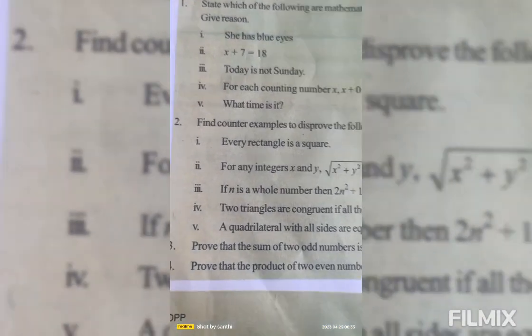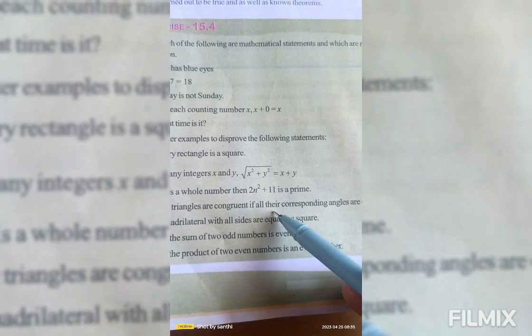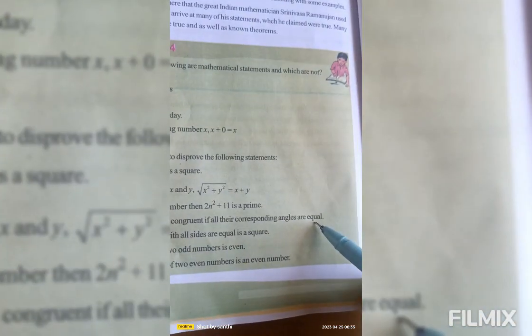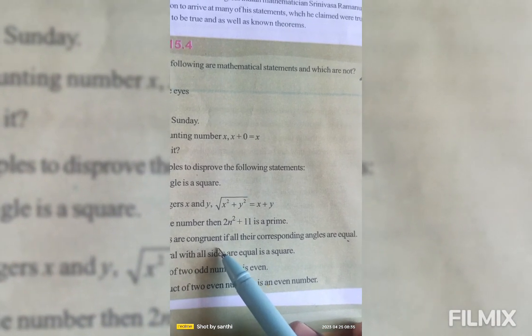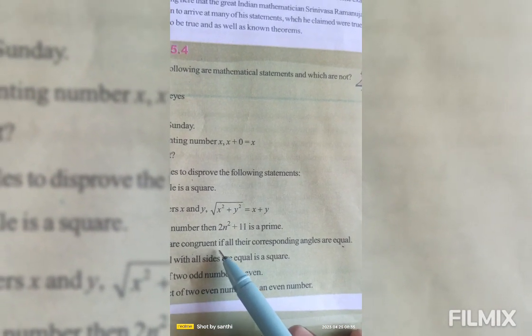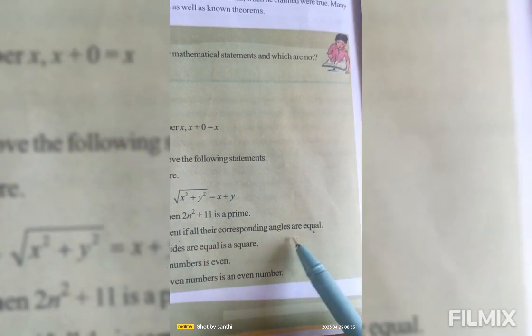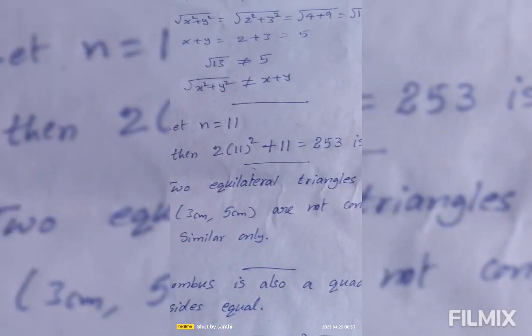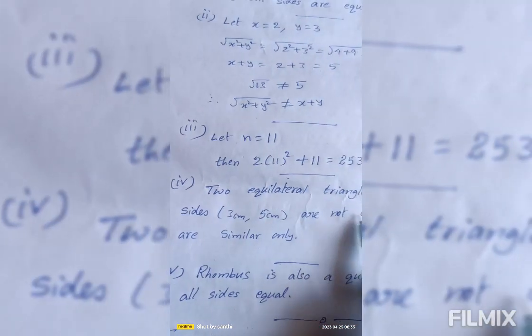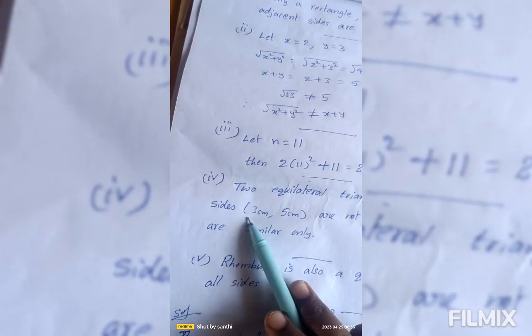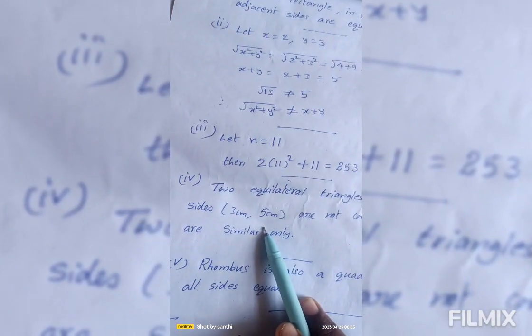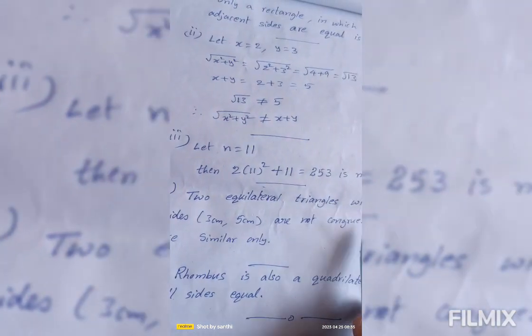Let us see the fourth one. Two triangles are congruent if all their corresponding angles are equal. For two triangles to be congruent, what have we said, all corresponding sides should be equal. But here they have given only corresponding angles. Then we have to write that two equilateral triangles with different sides are not congruent.